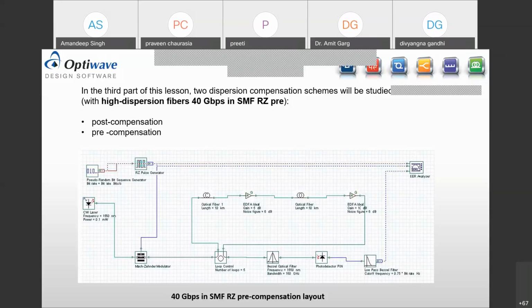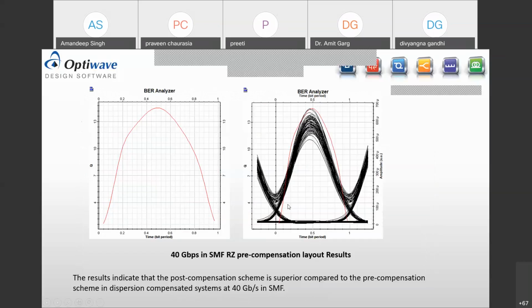So in that case, two dispersion compensation schemes are studied, and in this we will be studying the pre-compensation. So that will show you these kind of results, means the Q factor and the BER analysis.